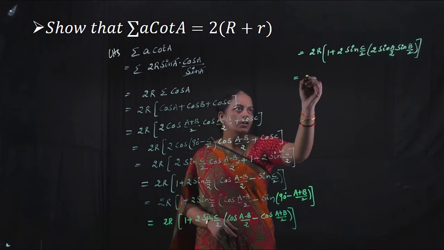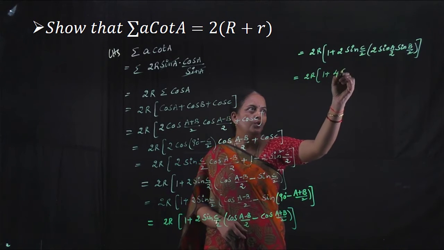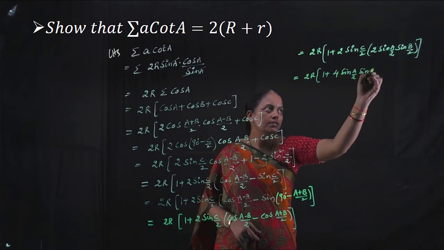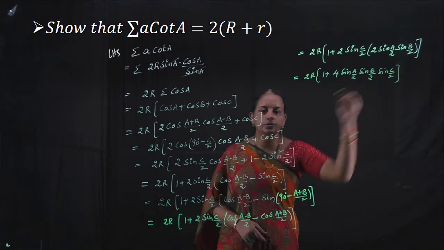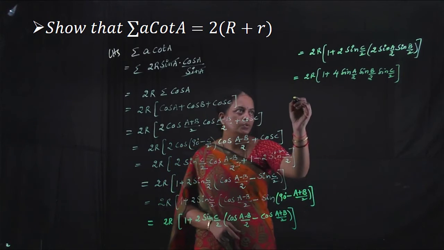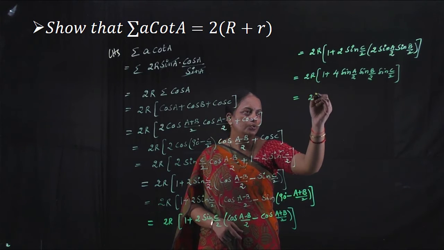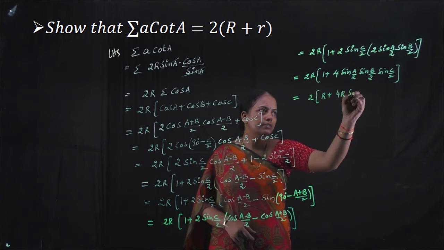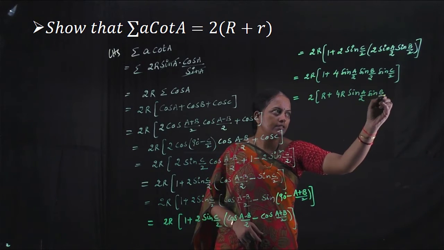This is equal to 2r into 1 plus 2 into 2, 4 sin A by 2 sin B by 2 sin C by 2. Okay, this is equal to 2r into, multiply with r, 2 into capital R plus 4r sin A by 2 sin B by 2 sin C by 2.